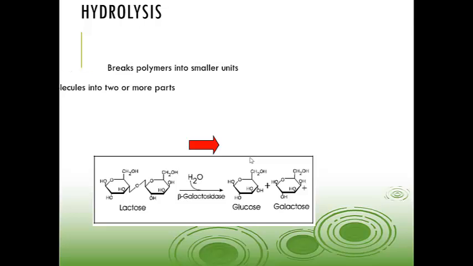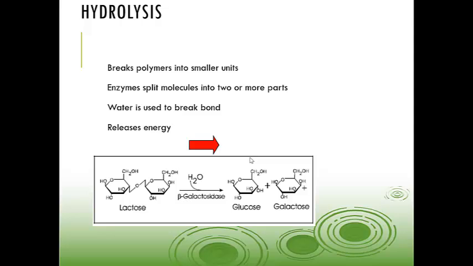Hydrolysis is where you add water to break polymers into their smaller units. Okay, so the water is what is used to break those bonds. You may have studied this Gibbs free energy when you took chemistry. When you take a large molecule like glucose or lactose, as we have here, you add water, and the bonds are broken, and that's what the water's role is.